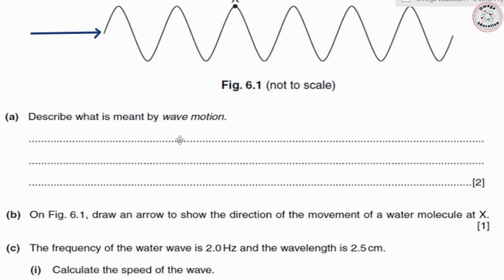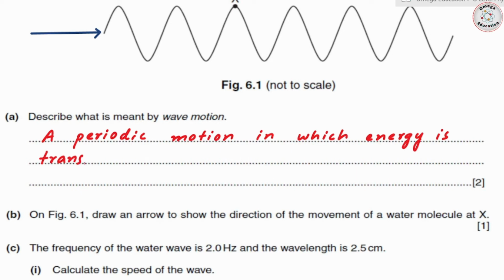So how do we define the wave motion? We define it as a periodic motion in which energy is transferred from one point to another without net movement of particles.